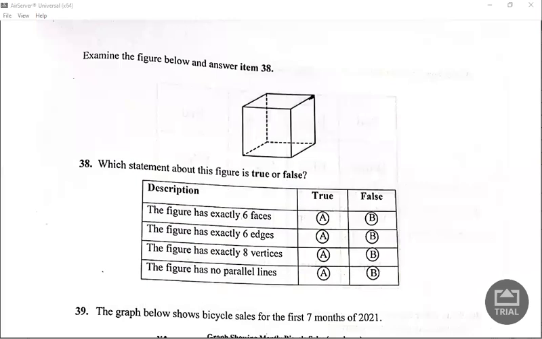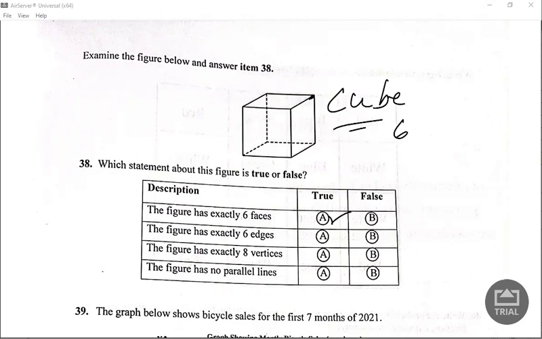Alright, let's look at 38. Examine the figure below and answer question 38. Which statement about the figure is true or false? So you have to just tick. The figure has exactly 6 faces. This is a cube. It does have 6 faces, so that is true. The figure has 6 edges.